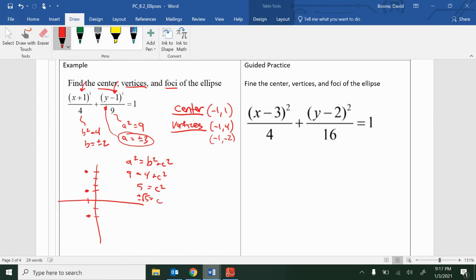If you want to try to draw the other piece here, we go plus or minus 2 to get the minor axis. So I'd go plus 2 from there, and I'd go minus 2 from here, to start drawing this ellipse. Not the best drawing, but that's all right. I just know that this distance is 2 and this distance is 3.